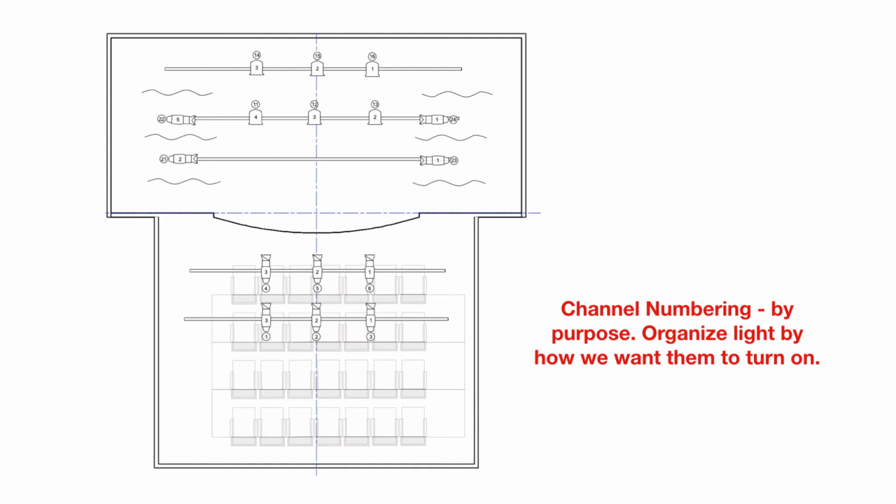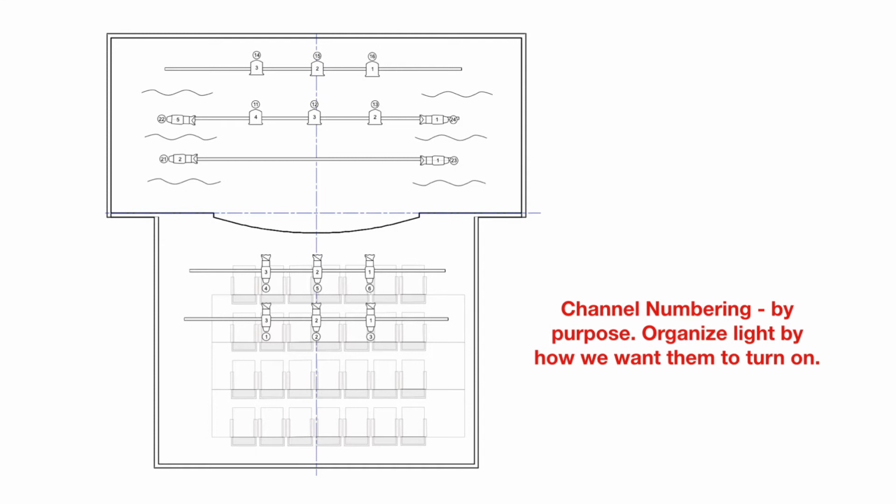My high side lights, those 50-degree units over the stage, are numbered 21, 22, 23, 24, because I would turn those high side lights on at the same time, right? The same with the backlight system. So I'm basically organizing it more by purpose, and purpose is generally going to be around what angle of light that light is coming from, okay? If you think about your high side light, your front light, those lights are all going to want to come on at the same time, so that's the way they're organized by channel.